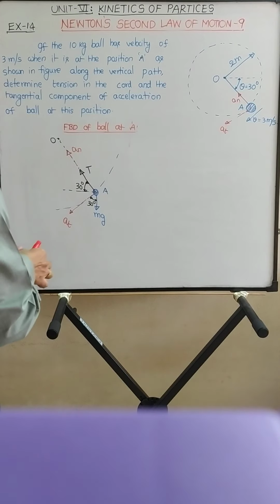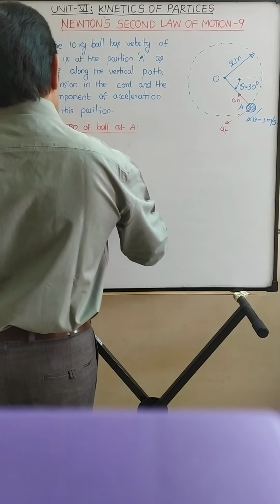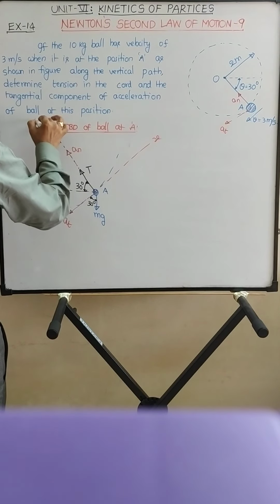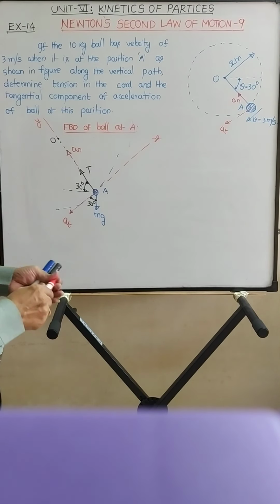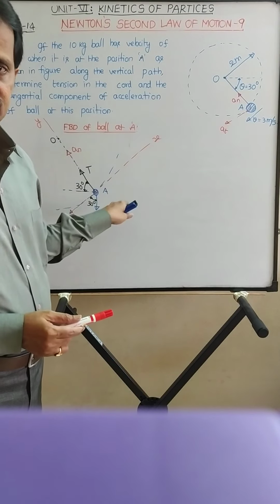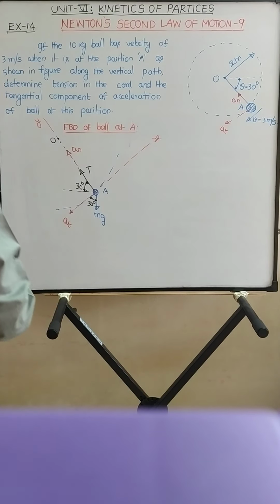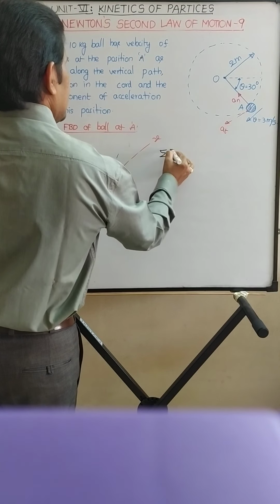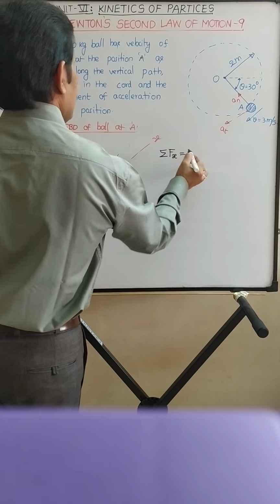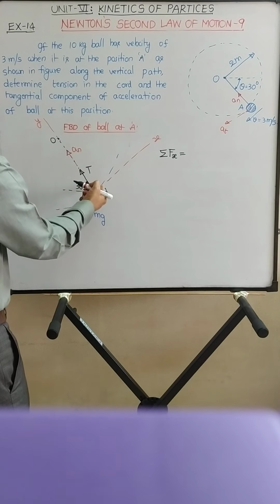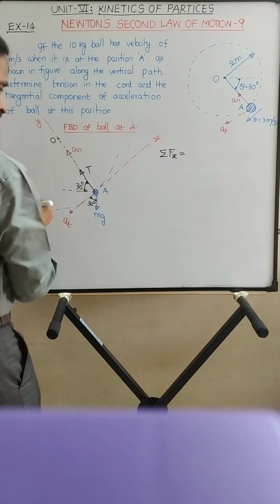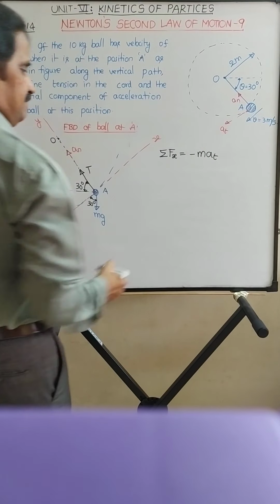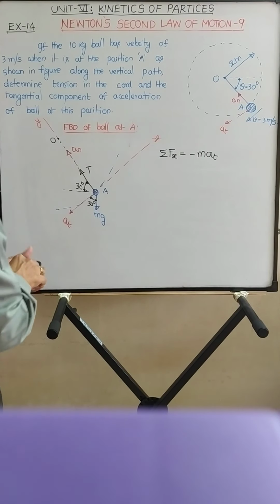Now I am taking x-axis in tangential direction and y-axis in normal direction for convenience, right? Now writing unbalanced force in x direction, that is summation Fx is equal to, see here, it is acting towards left, minus m at, right?